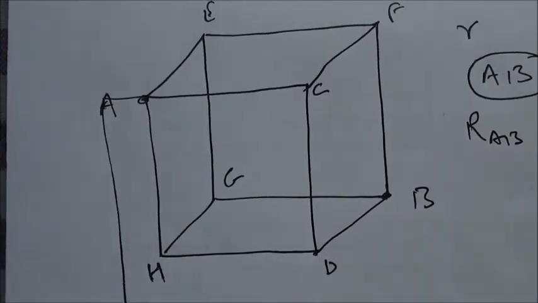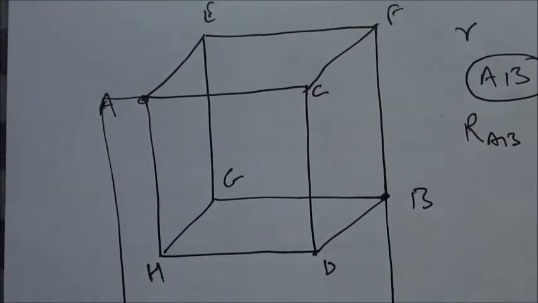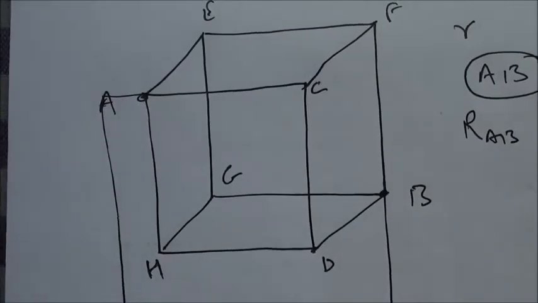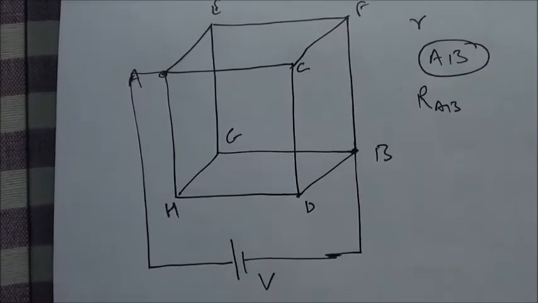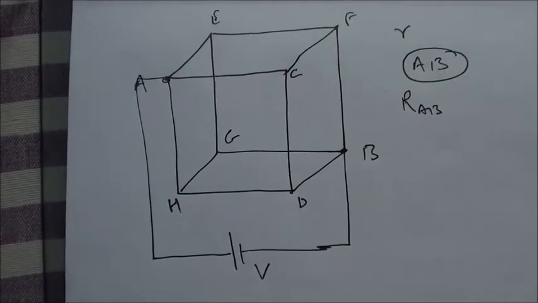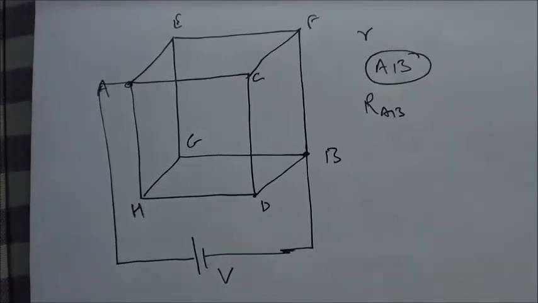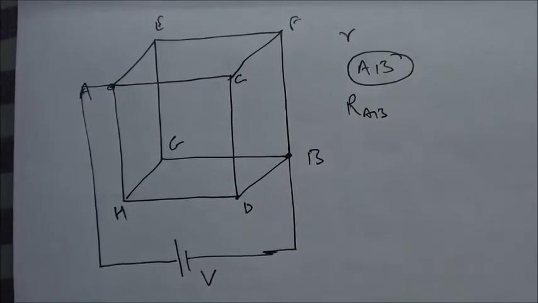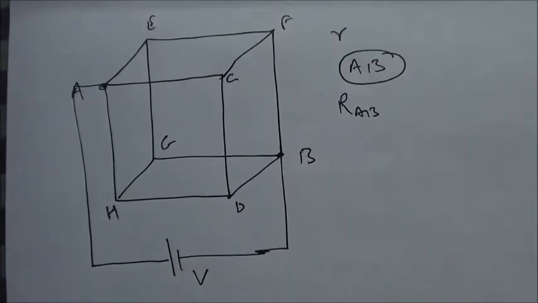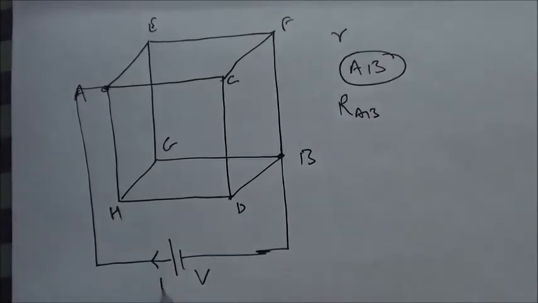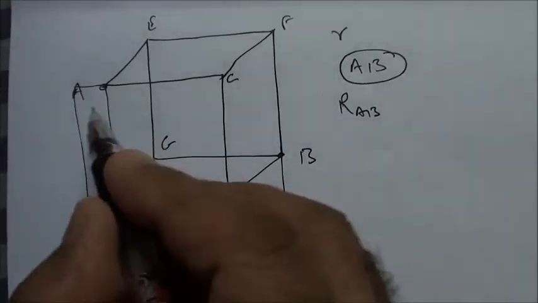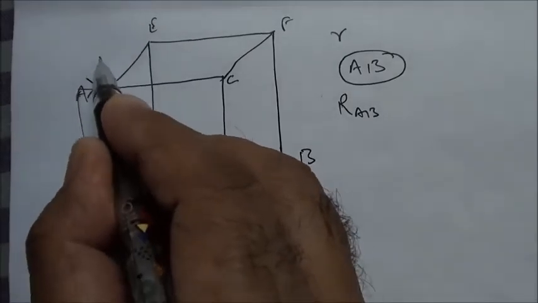Let's assume that there is a battery of EMF V connected between the two points, A and B. Let I be the current that starts from here.